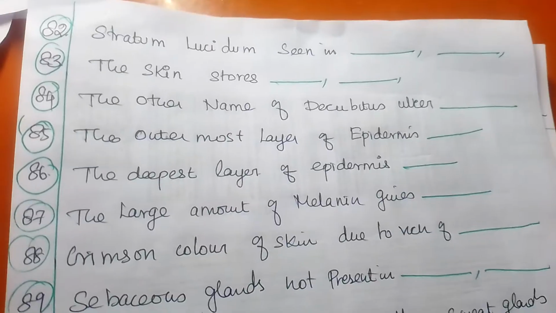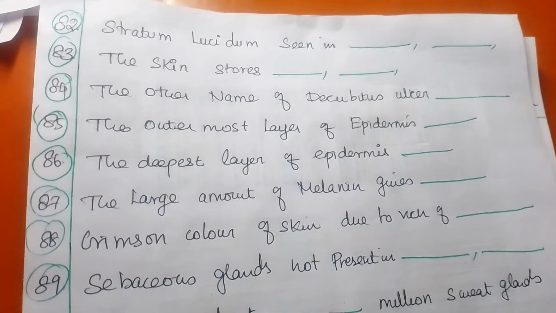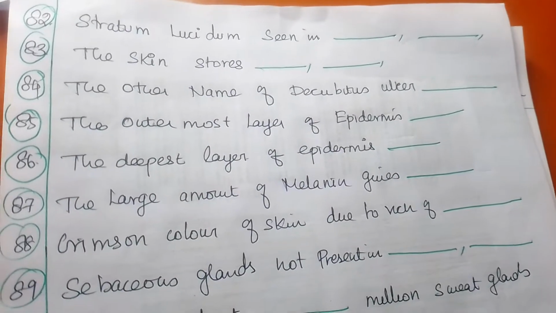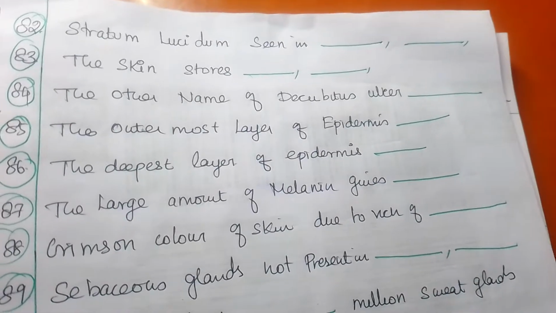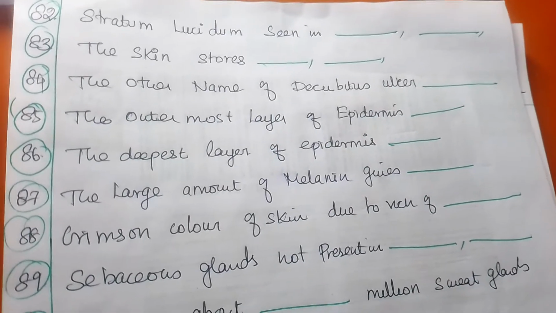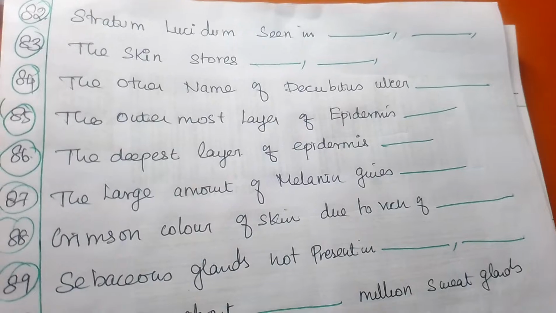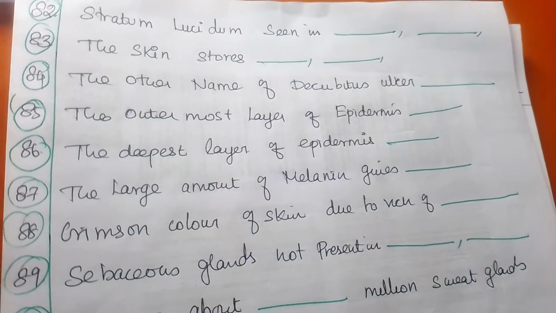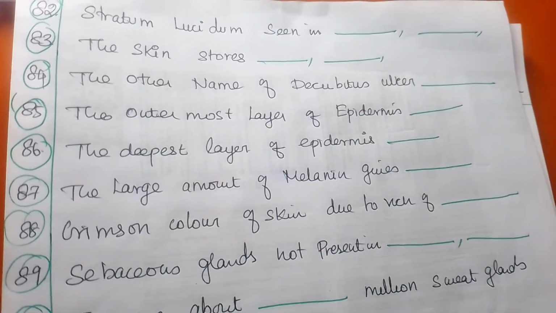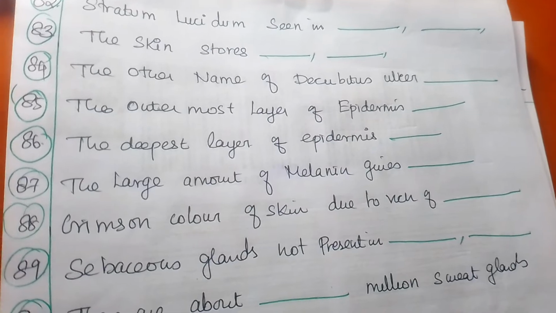Stratum lucidum is seen in the palm and sole. The skin stores the fat and the water. The other name of a decubitus ulcer is bedsore.